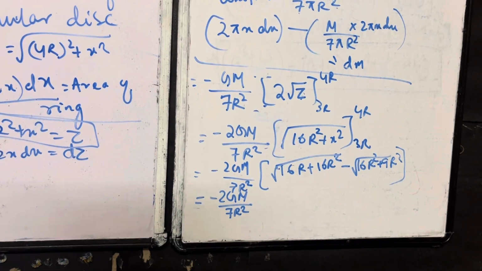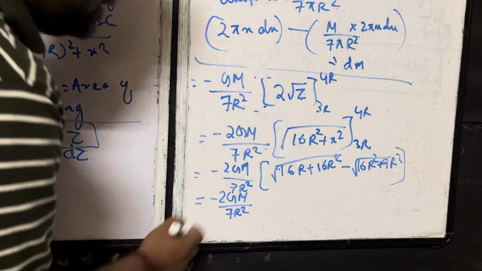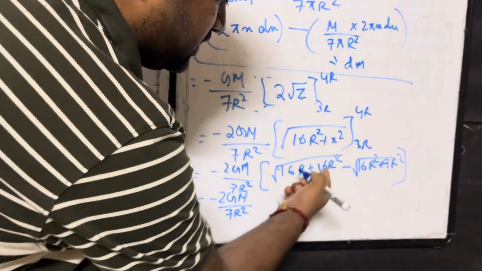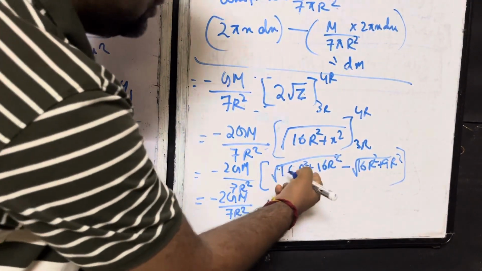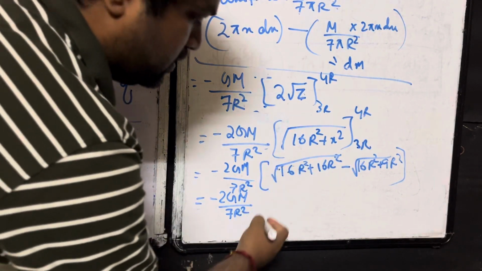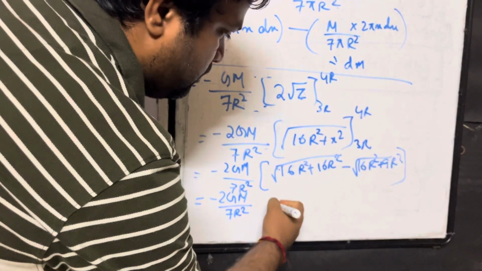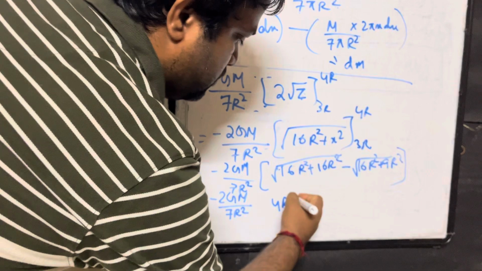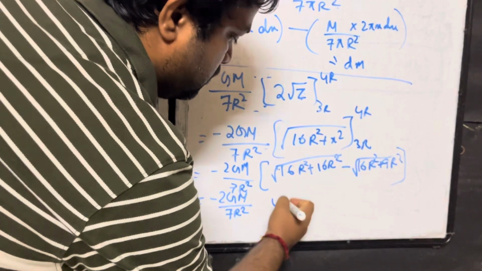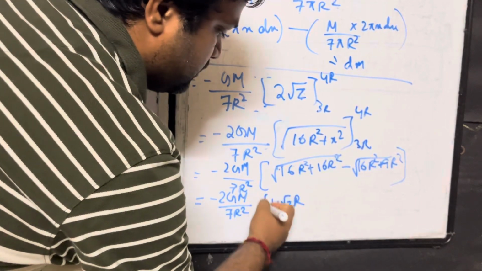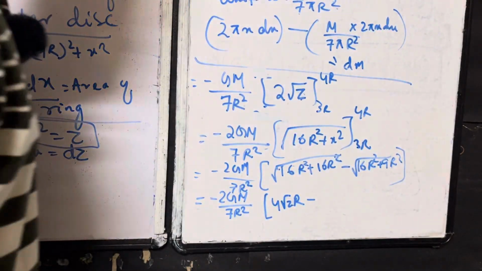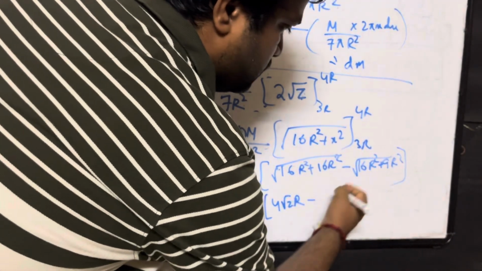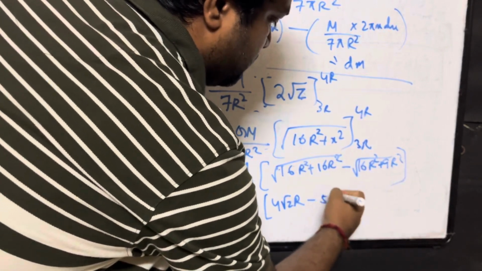Right. So 2GM by 7 r square, and this is 16 r square plus 16 r square, which is 32 r square, so it will be 4 root 2 r, and this is 16 r square plus 9 r square, 25 r square, which is 5r.